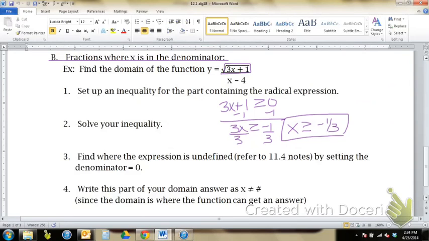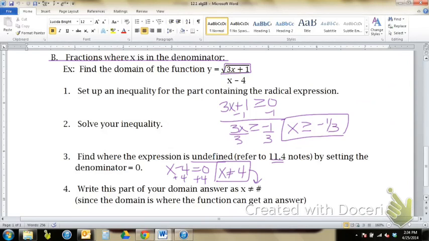Now, remember where we talked about being undefined in 11.4? Find where the expression is undefined by setting the denominator equal to 0. So x minus 4 equals 0. And then you solve that, and you get x equals 4. But because this is where it's bad, I'm going to write this as x can't equal 4.